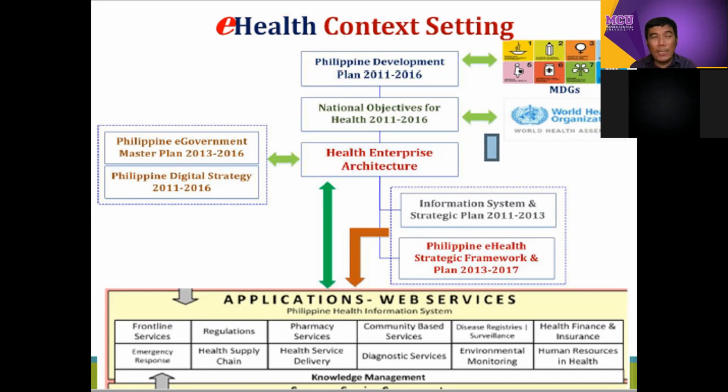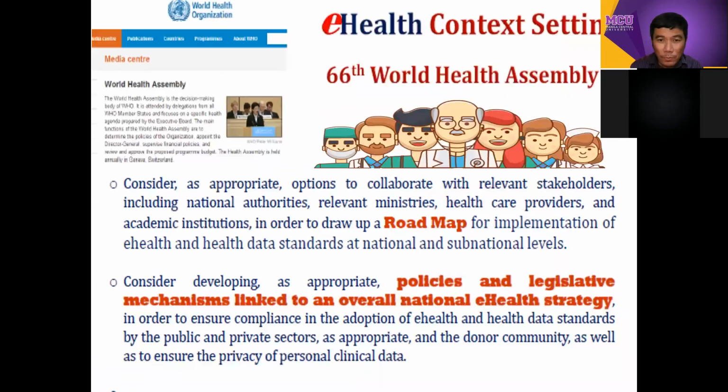Human resources in health, here we can identify the closest and nearest nurse or doctors that can respond to you in your communities. So these are the 12 areas by which applications are gearing towards web services. Some have already materialized, some are still in progress.